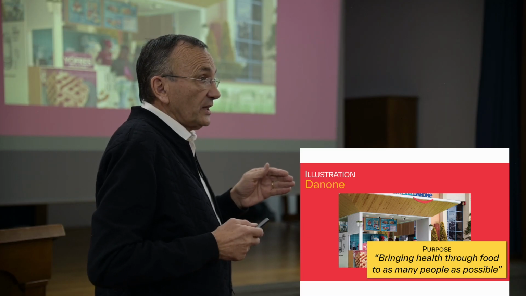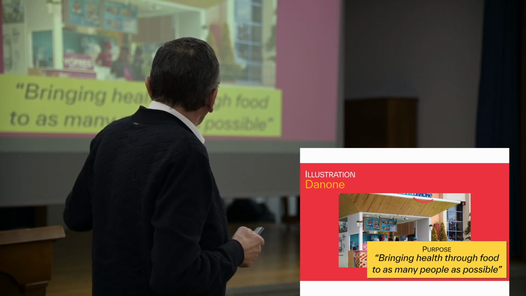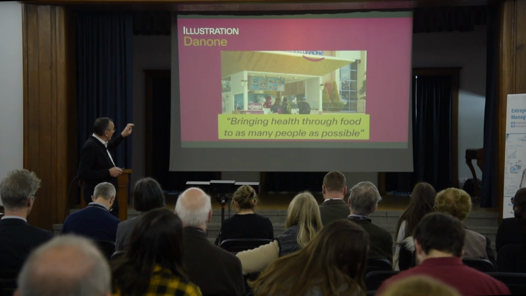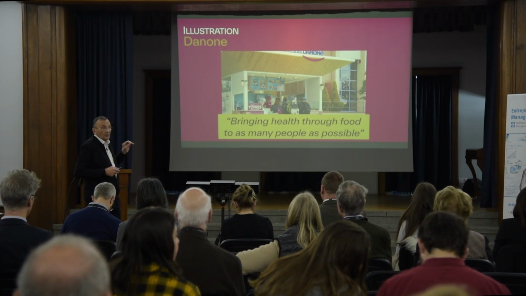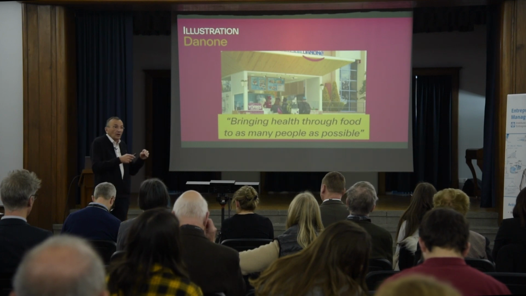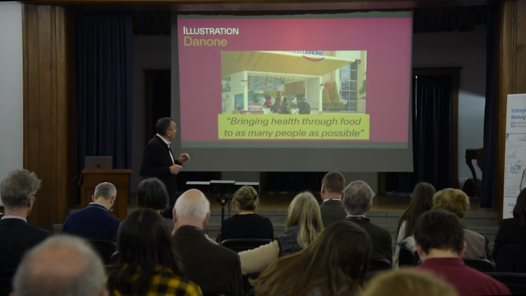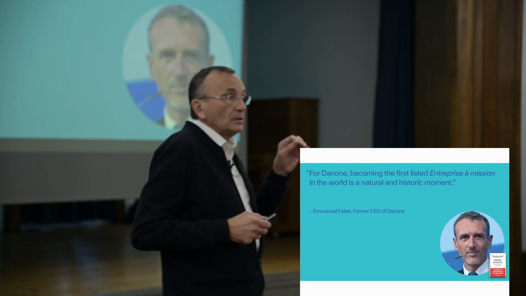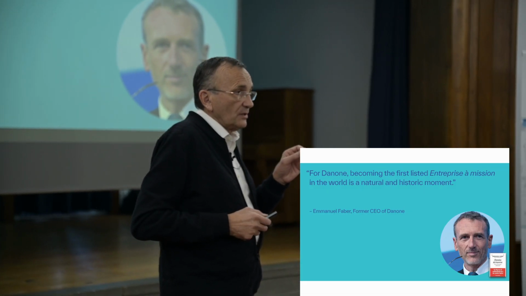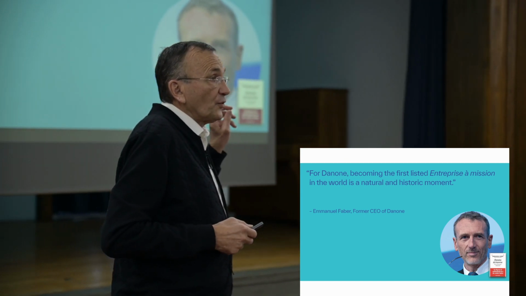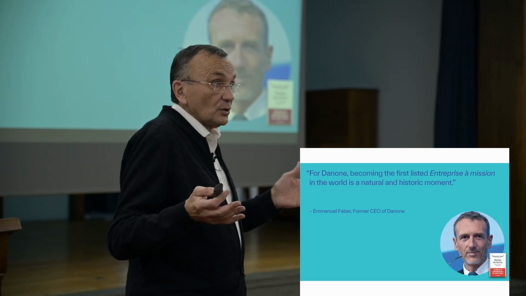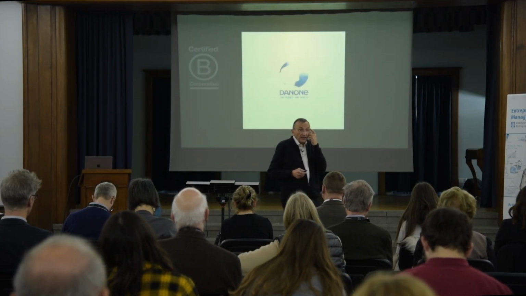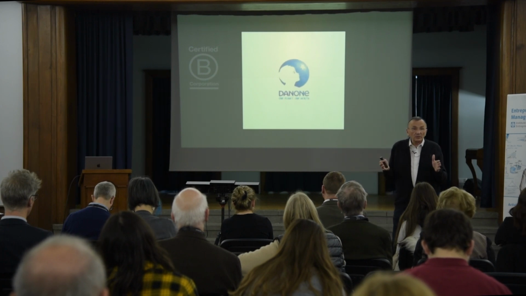Because again, a couple of years ago, the CEO of the company, Emmanuel Faber, first had this purpose in front of all the employees, bringing health through food to as many people as possible, even in underdeveloped countries and so on. And so they said, we want to be an entreprise à mission, an enterprise with a mission in France, which exists. And it has been the first listed company, because it's also a huge company. And they did roughly the same as Unilever with this idea to have all the business units certified.